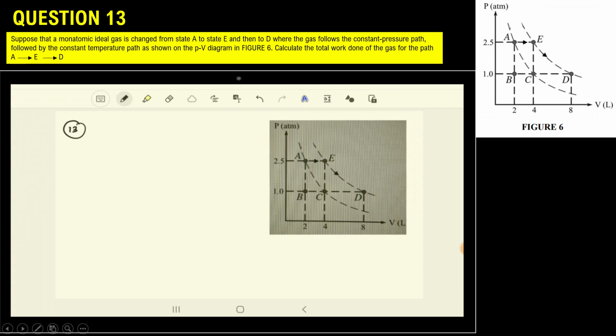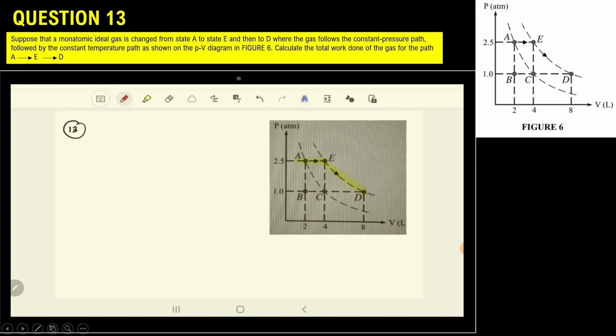Okay, for the last question, question number 13 from the last chapter. We have a monoatomic ideal gas that is changed from state A to state E and then to state D. So let's highlight. We have A to E and E to D. From A to E, this is an isobaric process since the process is at constant pressure.